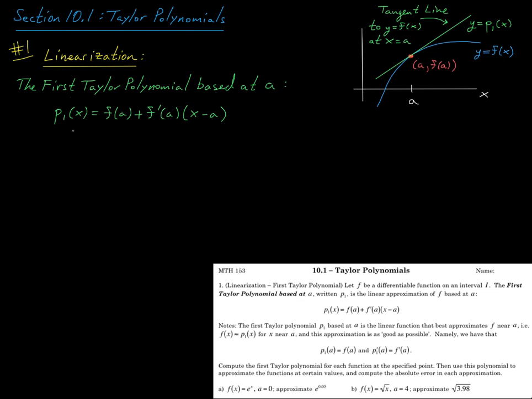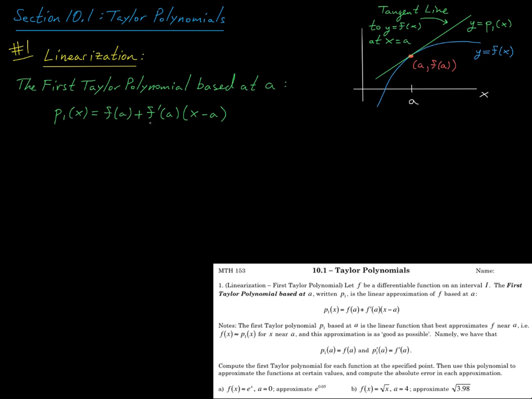And how do you write down the equation of the tangent line at a point? Well, first off, note that the slope of this line, as we said, is equal to the slope of this curve. And the slope of the blue curve is just f prime evaluated at a, and that's what you see right here, right? This is the m part of this linear equation.